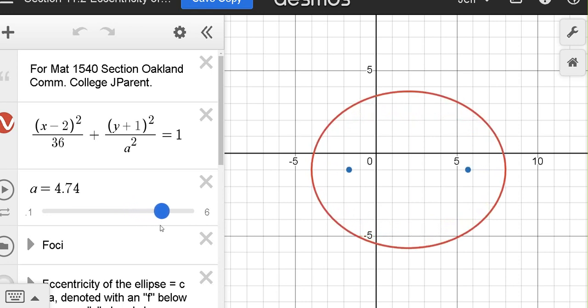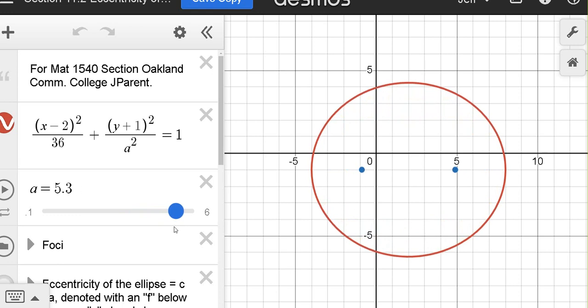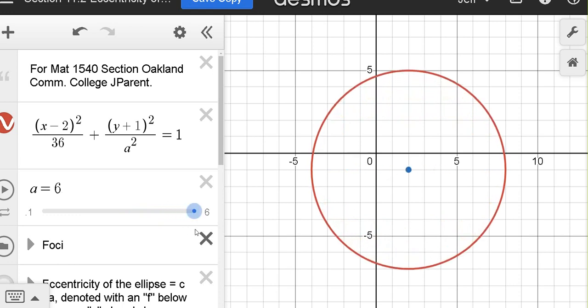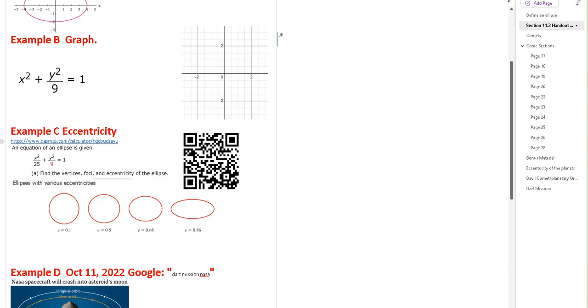And what do you think is going to happen to the foci when I get to 6? Yeah, it's become the center. So that's really emphasizing that a circle is a special case of an ellipse. The two foci have met in the center, and those directions, up, down, left, and right, are the same. In fact, in any direction, you have the same radius. So, great question. All right, let's keep going.